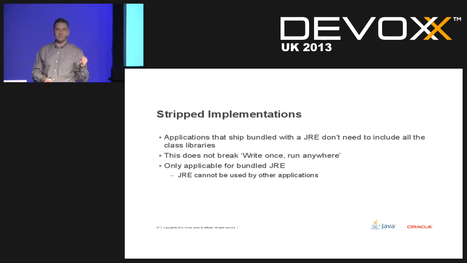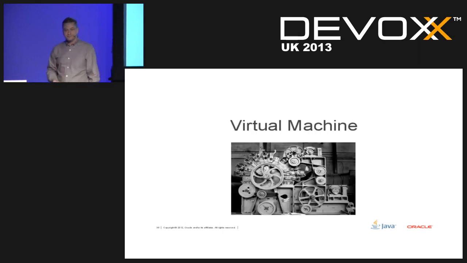But that doesn't break write once, run anywhere, because it can only be used in the situation where you have a bundled JRE with an application, and that JRE may only be used with that application. So it will have all of the class libraries the application itself requires, but you can't then try and run another application on that JRE which might have different requirements and therefore break. So it will not break write once, run anywhere, but it will make it nicer for people deploying applications because they can make them a lot smaller.